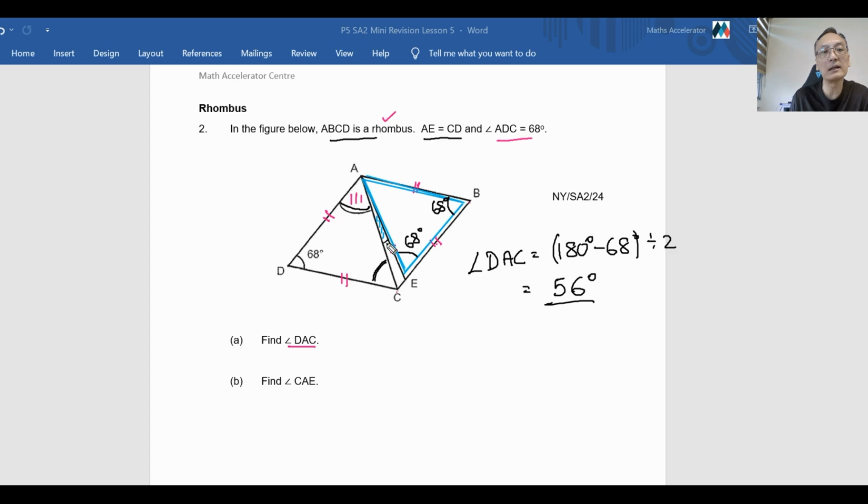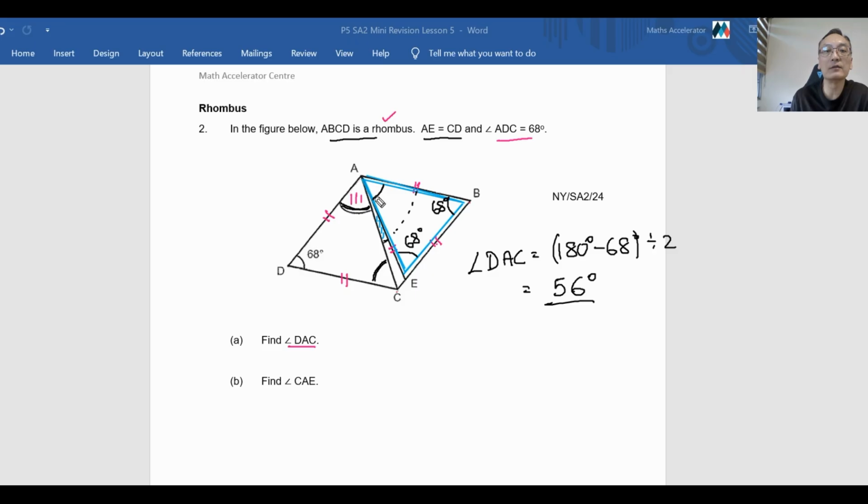Now, in order to find this angle CAE, we know that CAE combined with this angle, which is angle BAE, they are actually equal to 56. Because in a rhombus, if this side is 56, these two angles combined together will also give you 56 because they consist of two identical isosceles triangles.